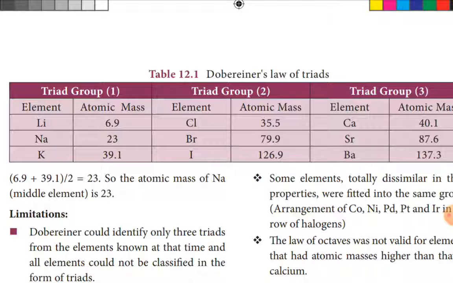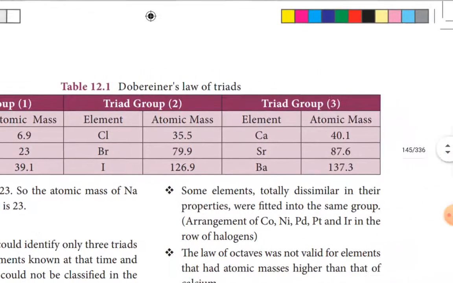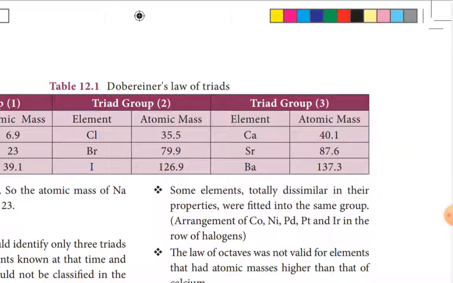Also take another one, the third group: calcium, strontium, barium. Calcium atomic mass is 40.1, strontium 87.6, barium 137.3. So we have to take the average of the first and third element, that is 40.1 plus 137.3 divided by 2.